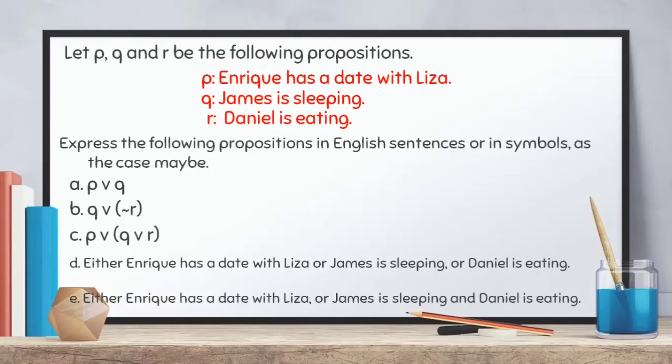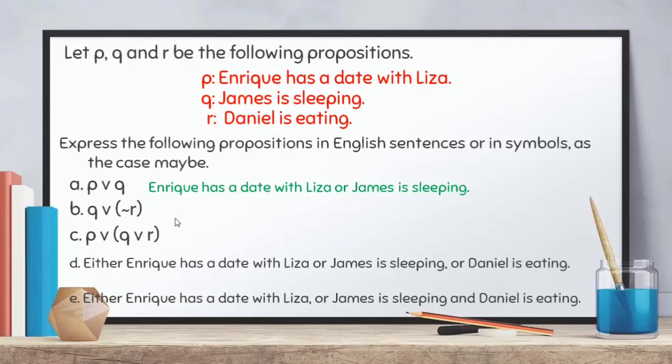So for letter A, we have P or Q. Meaning we're going to use only two propositions here, P and Q only. So it follows that your proposition P, Enrique has a date with Liza, followed by the connector or, okay? And then you're going to write your proposition Q, James is sleeping. So it is Enrique has a date with Liza, or James is sleeping.